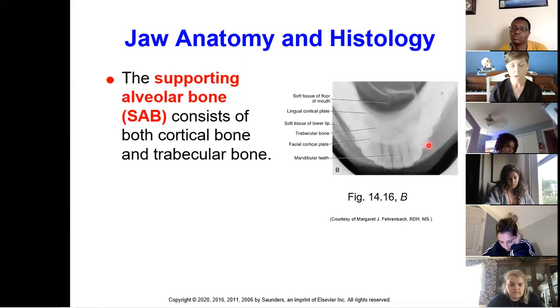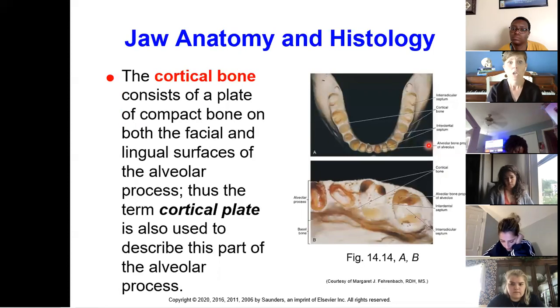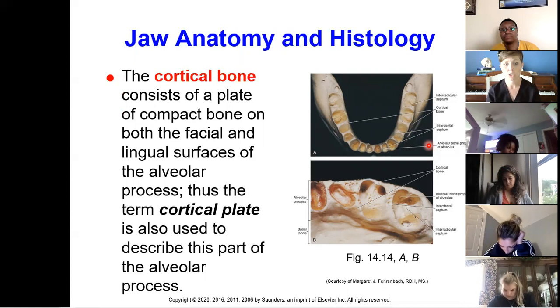Your supporting alveolar bone consists of both cortical bone and trabecular bone. Your cortical bone consists of a plate of compact bone on both the facial and the lingual surfaces of the alveolar process. Thus, the term cortical plate is also used to describe that part of the alveolar process.